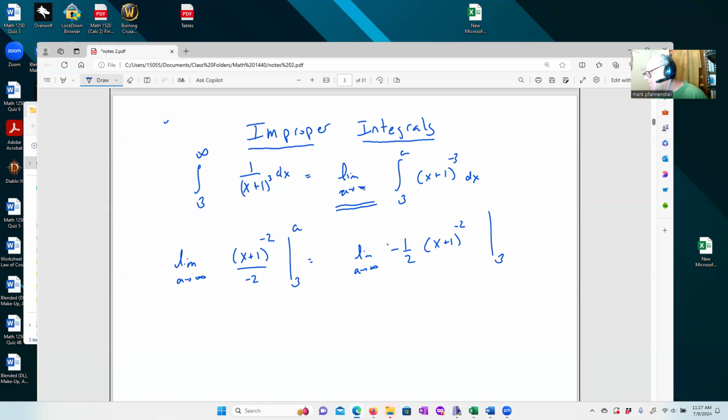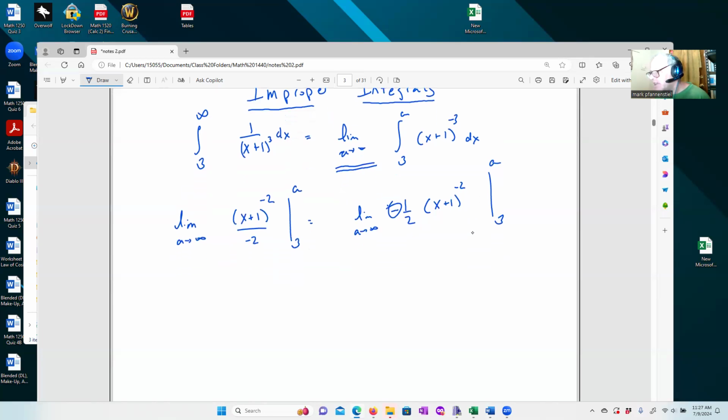Now, see this negative sign out front here? I'm going to go ahead and swap my limits of integration to get rid of that negative sign. So we're still going to have this limit as A goes off to infinity. We have a 1/2 because 1/2 can go out through the limit. I've got x plus 1 raised to the negative 2 power from A to 3.